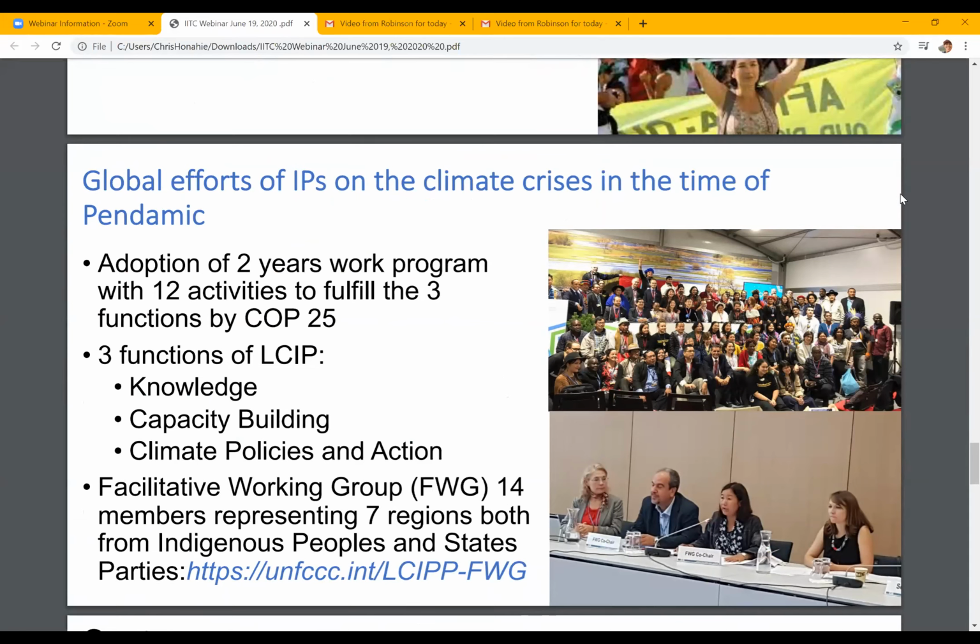Finally we have the platform for local communities and indigenous peoples, and my friends Andrea and our sister Hindu, and many other indigenous brothers and sisters around the world from the 7 regions, to speak on behalf of indigenous people, to respect our human rights, knowledge and traditional practices that have contributed to climate change resilience, and at least acknowledge and promote that through the 3 functions: knowledge, capacity building, and climate change policy and action. Next, please.